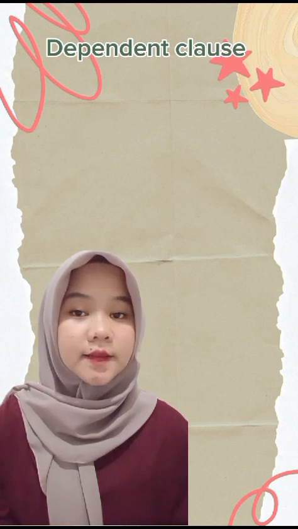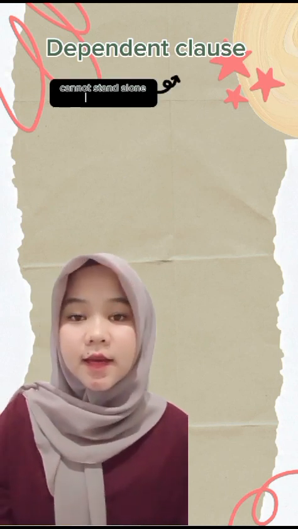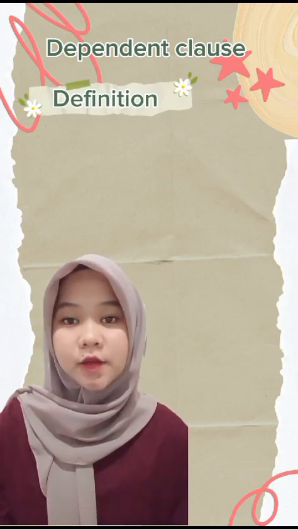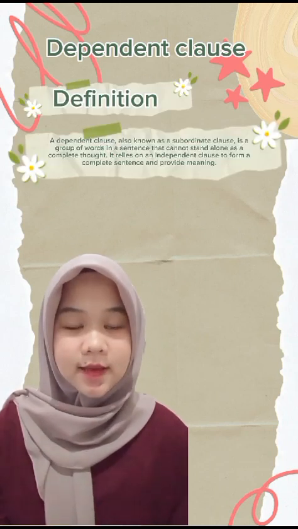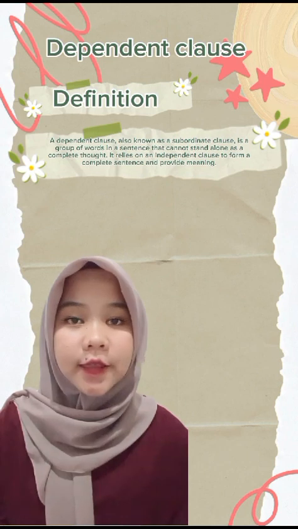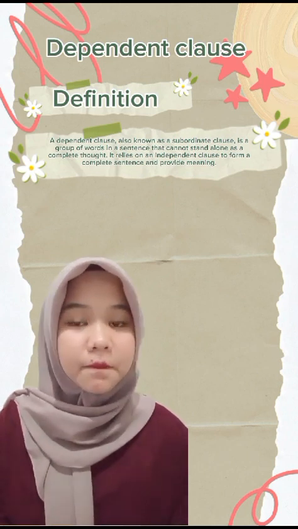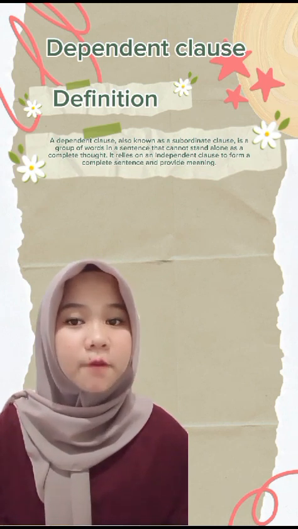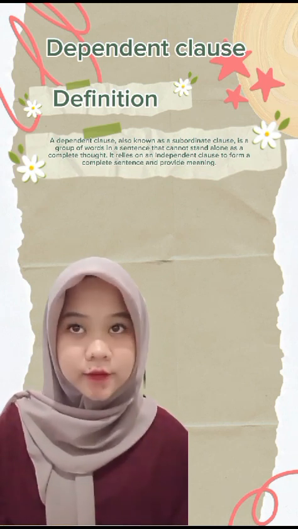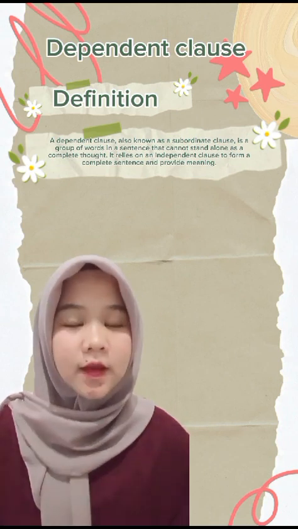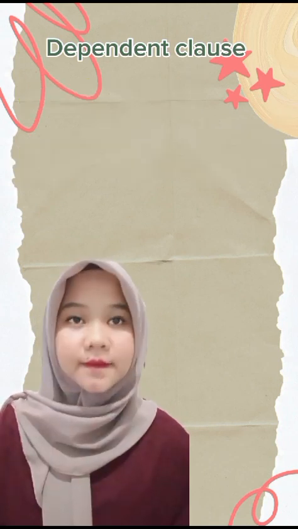The second, dependent clause. A dependent clause, also known as a subordinate clause, is a group of words that contains a subject and a verb but does not express a complete thought on its own. It relies on an independent clause to form a complete sentence.